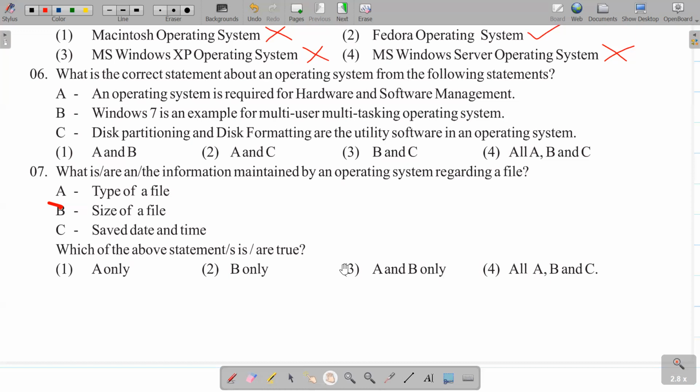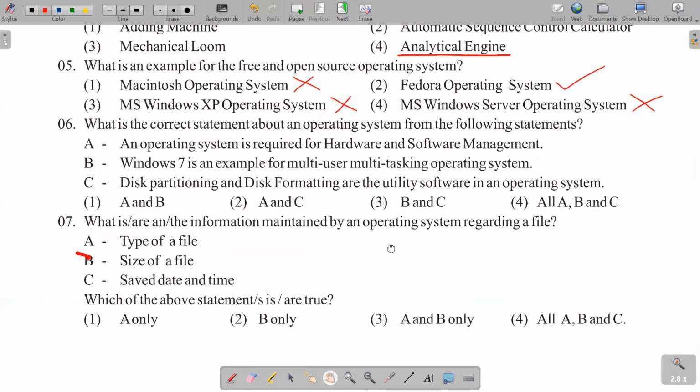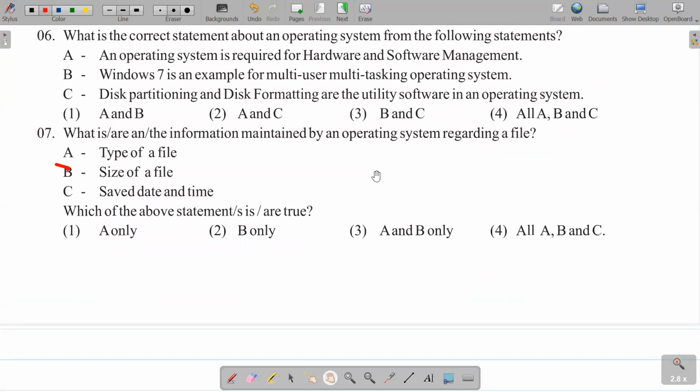Was it 6 and 7? Okay, Samishi, hold on. Yes, 6 and 7. They are from the operating system lesson, which is not done so far, so you don't need to try them. Just omit 6 and 7, and you can take the marks. And the 8th, I'm going to discuss.